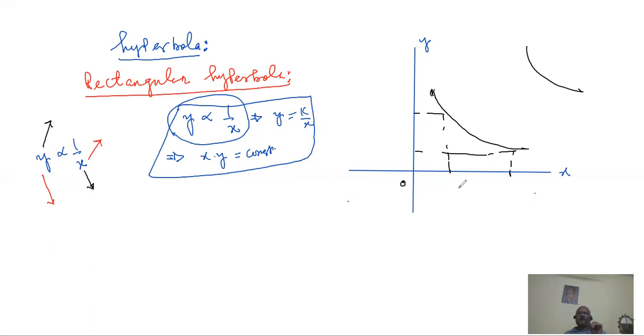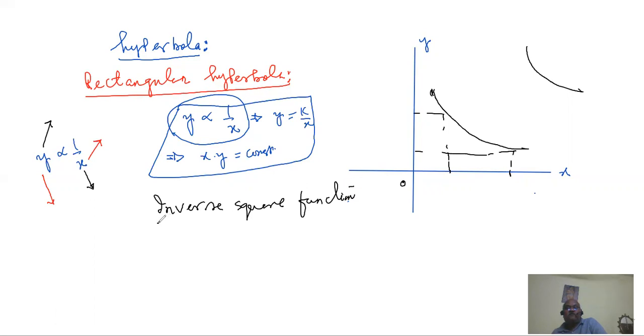So that finishes our discussion on the hyperbola. You may come across another function which is also important, that is the inverse square function. Keep that in mind, inverse square function.